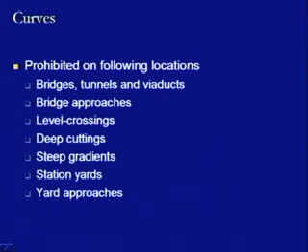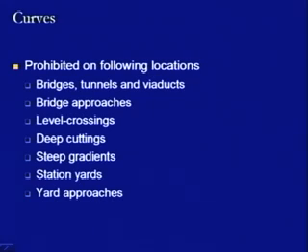The reason is that we would have to increase the size of the bridge, which is a costly construction. Similarly is the case with tunnels or viaducts, because they are all very costly structures, and we have to reduce the overall cost of the alignment. Therefore, a curve should not be provided at those locations where tunnels or viaducts are being provided.